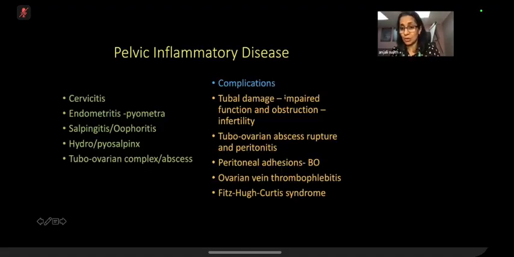It can result in complications, most commonly impaired tubal function, obstruction, hydrosalpinx, and infertility. The abscess can rupture and cause peritonitis. It can cause extensive peritoneal adhesions, which can result in bowel obstruction. Other complications include ovarian vein thrombosis or thrombophlebitis and Fitz-Hugh-Curtis syndrome.